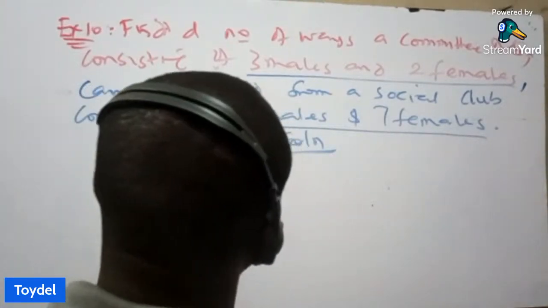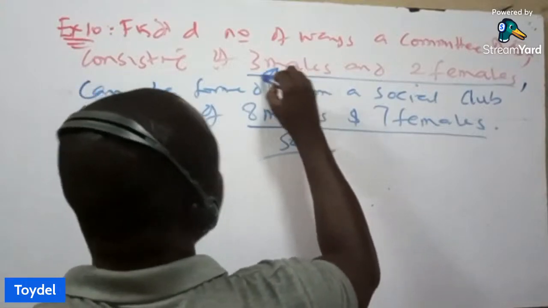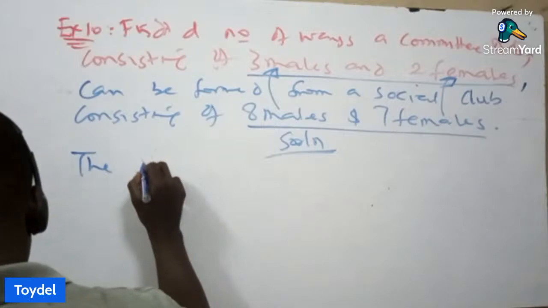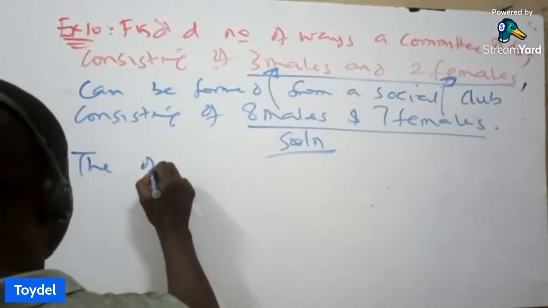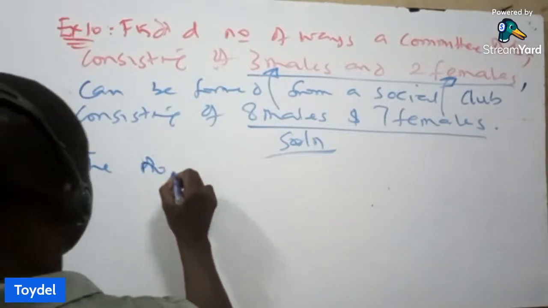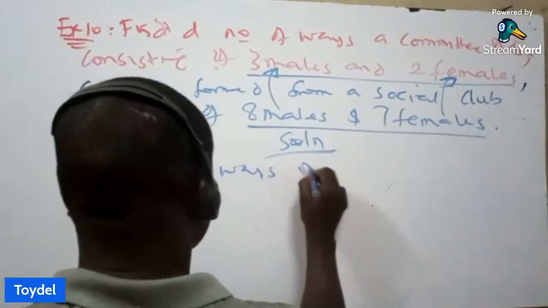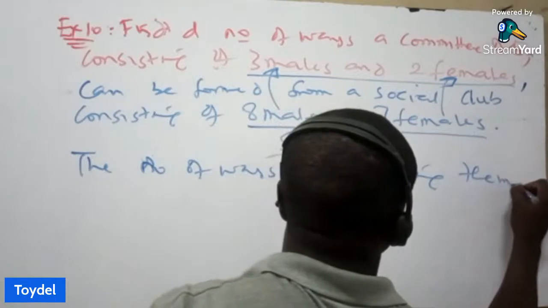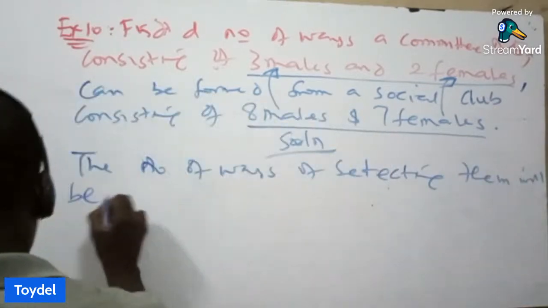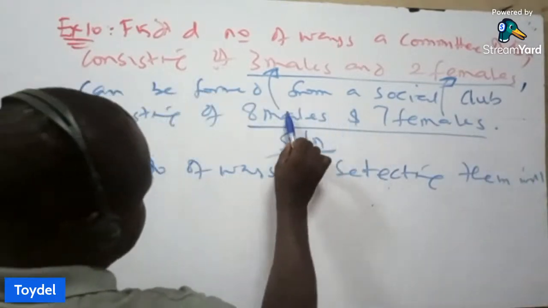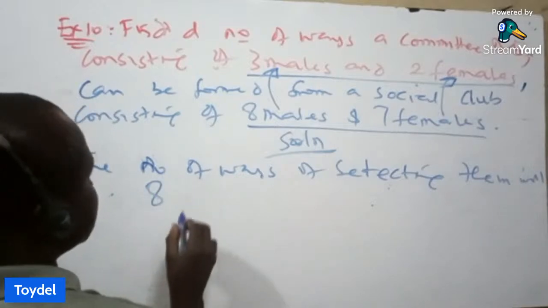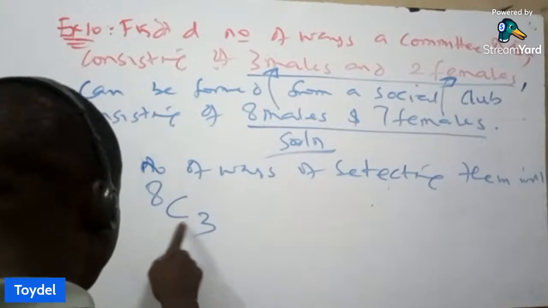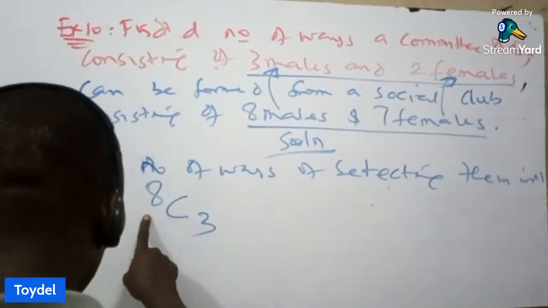So we are going to take it male to male and female to female. So the number of ways of selecting them will be, out of 8 males, we are selecting 3, so 8 combination 3.